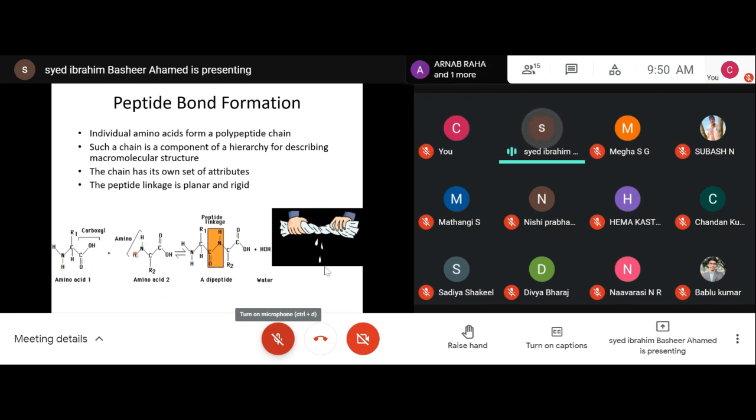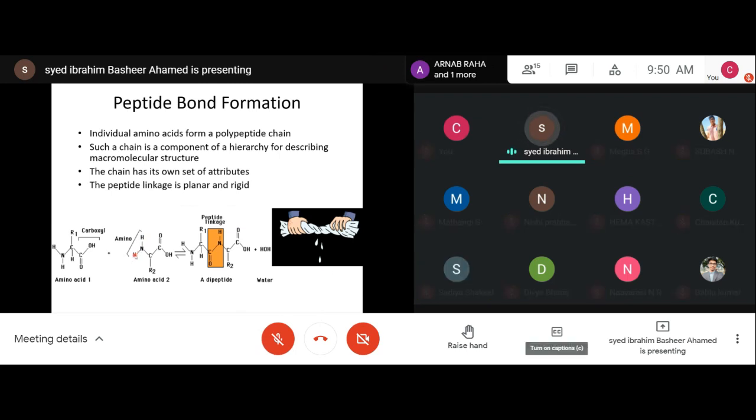The amino group of one amino acid and the carboxyl group of another condense, and that's why you get a C double bond O, and a single bond NH. This hydrogen and this hydroxyl group condense and are released as a water molecule, resulting in a dipeptide bond.